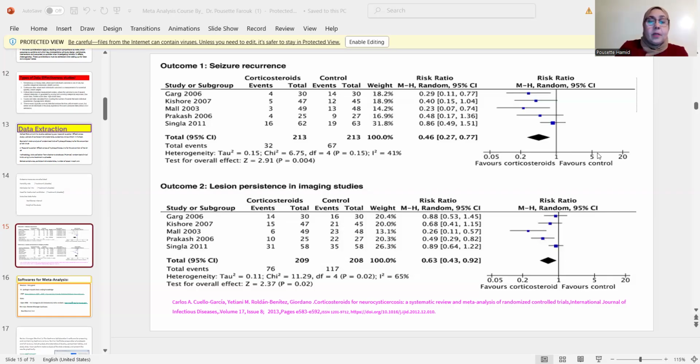Rashida says that she used Gmovie software for the meta-analysis. Okay, yes, it can be used, of course, for the meta-analysis. What type of meta-analysis did you complete, Rashida? Pairwise? Okay, yes. But here we will do it with Revman. Revman is easier. It is free and easily downloadable from Google.